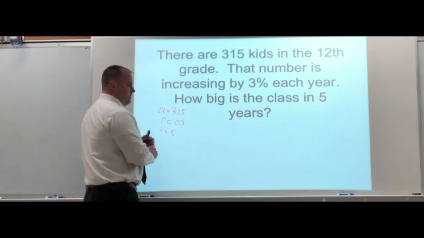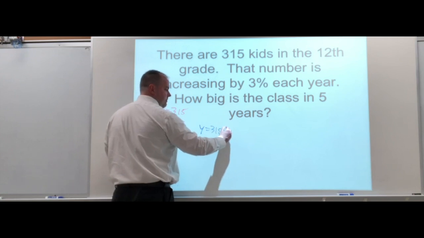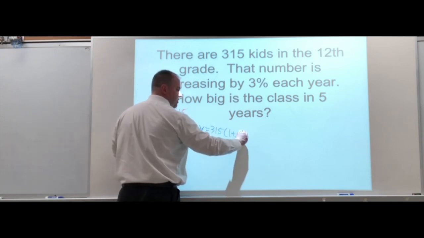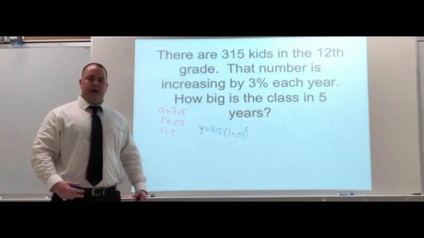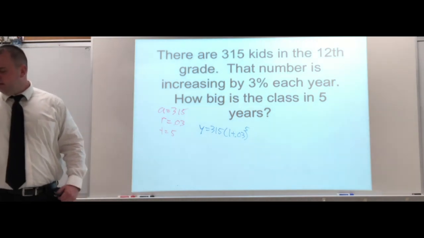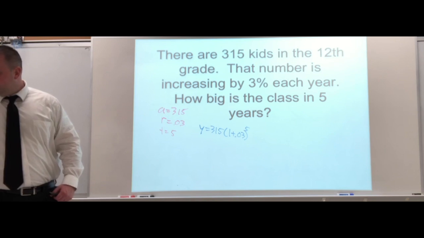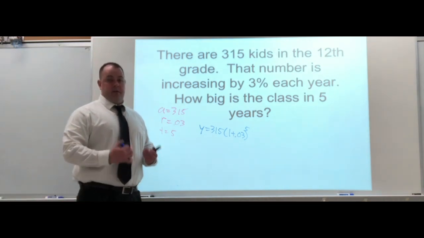So if we were to plug this into our formula, y equals 315, 1 plus 0.03 to the 5th power. I'm not expecting you to be able to do these in your head. Plug it into your calculator and see what you get. For this one, I need to take a look at my answer key here. These are going to be estimates, so I'm not expecting a perfect answer.